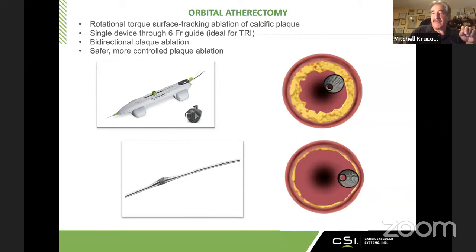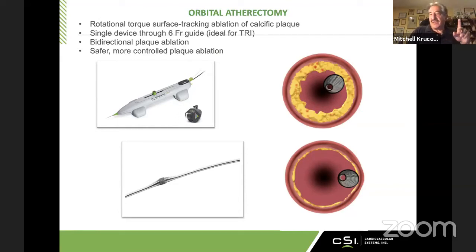And I'll show you an example of the difference that can make, rather than simply being subjected to the bias of the guide wire or the bias of the direction a Rotablator will follow, which sometimes is around the plaque I want to debulk rather than into it.